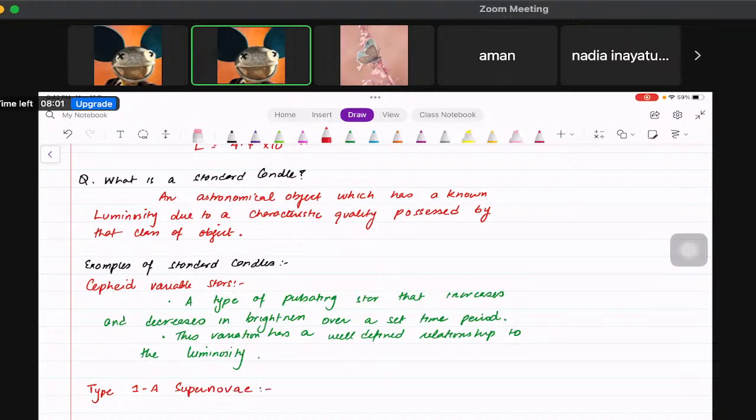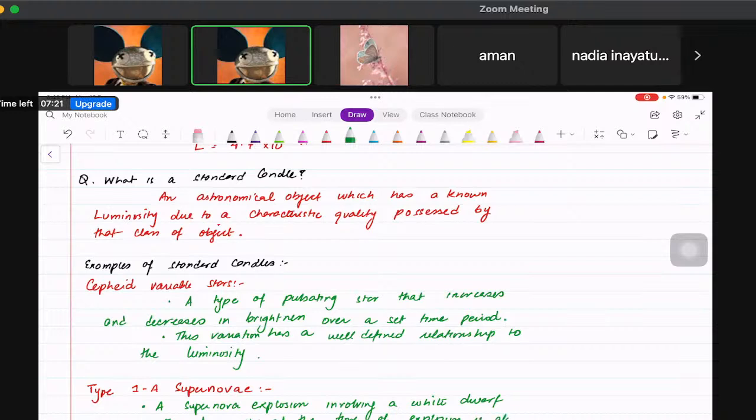Type 1 supernova is basically a supernova explosion involving a white dwarf, where the luminosity at the time of explosion is always the same.